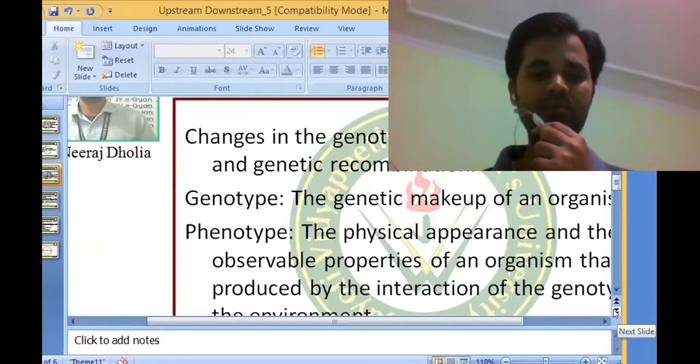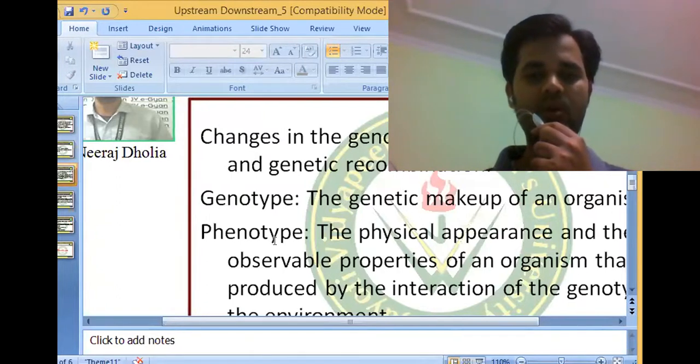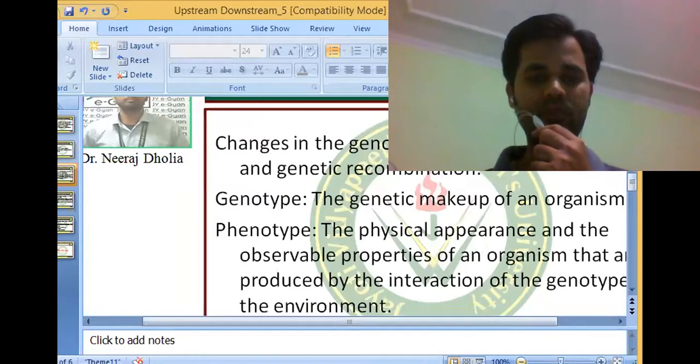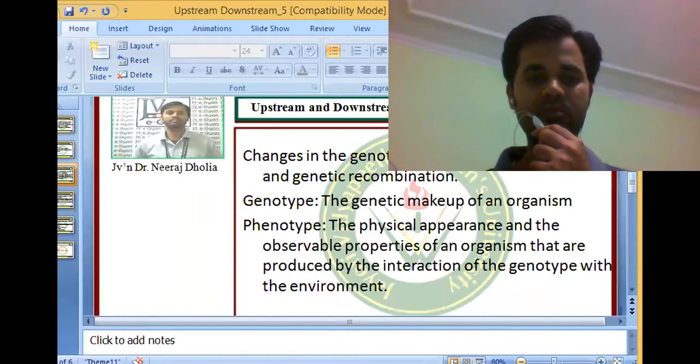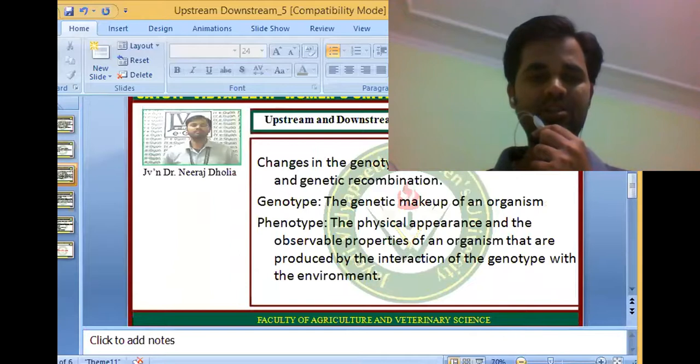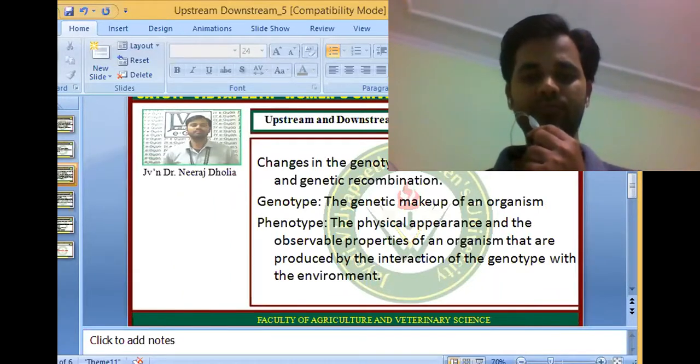What is the genotype? Genotype is the genetic makeup of any individual. Okay, and what is the phenotype? Phenotype is the physical appearance. So in the strain improvement process, we change its genetic makeup.